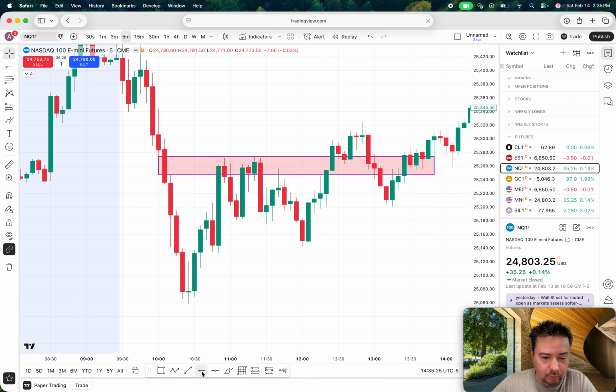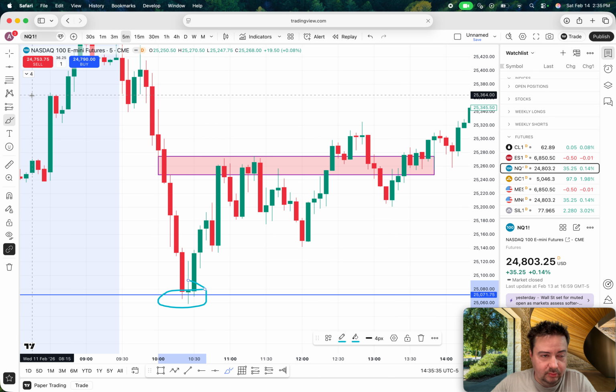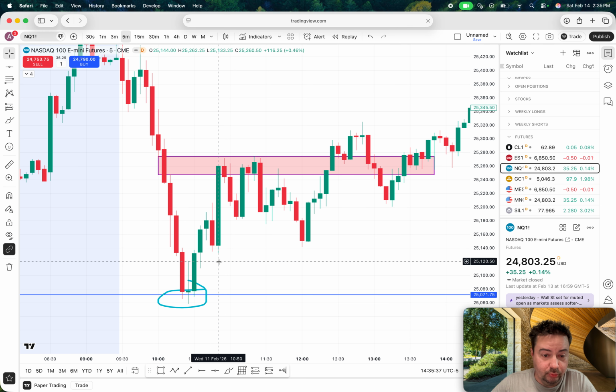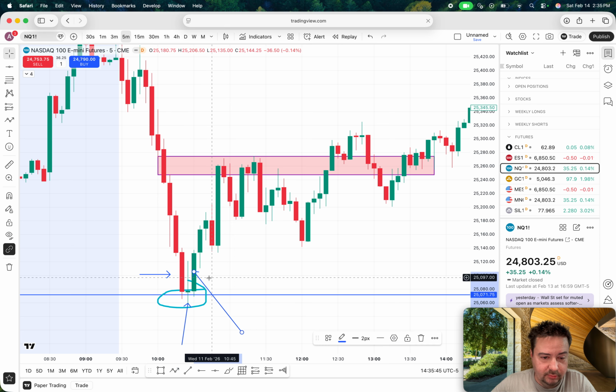Then we find support. We find a support area down here. I'm just going to draw that as an area of support. Okay, the market comes down, creates a 3-bar reversal pattern. That being the first bar, the second bar, third bar, right there.